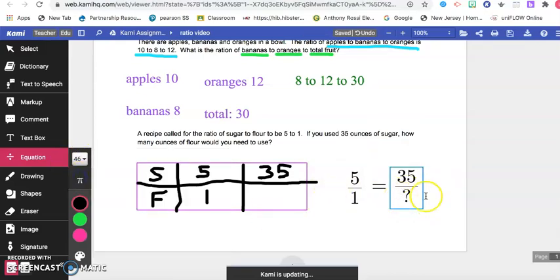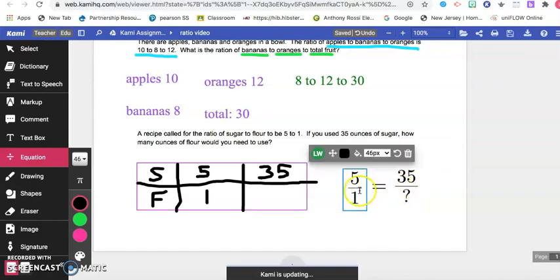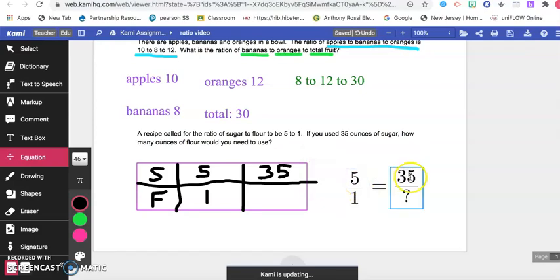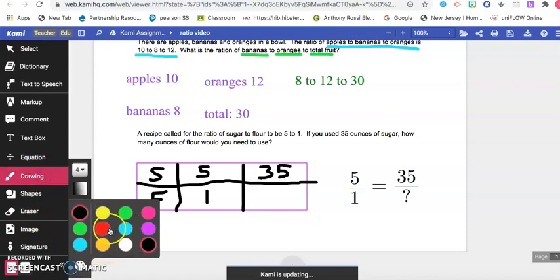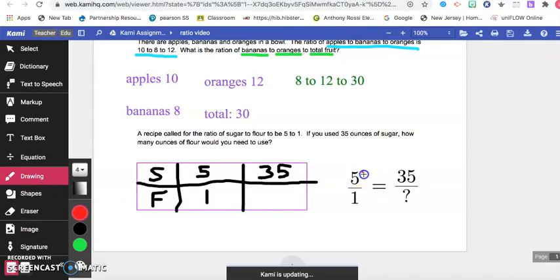So I need to figure out what this question mark stands for. When I look at these equivalent fractions, I know that in order to get from 5 to 35, I need to multiply by 7. And I also know from math in the past years that whatever I do to the top of a fraction, I have to do to the bottom. That's how I get equivalent fractions. So whatever I do to the top, I do to the bottom.